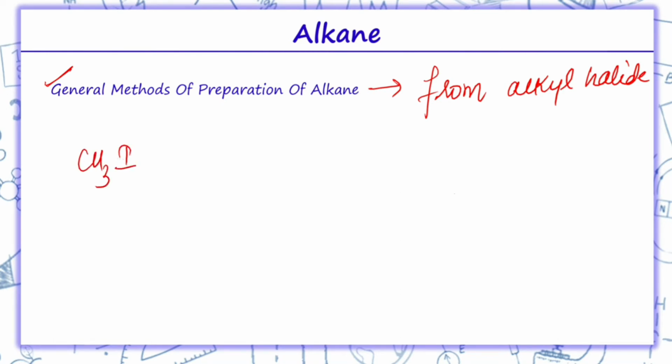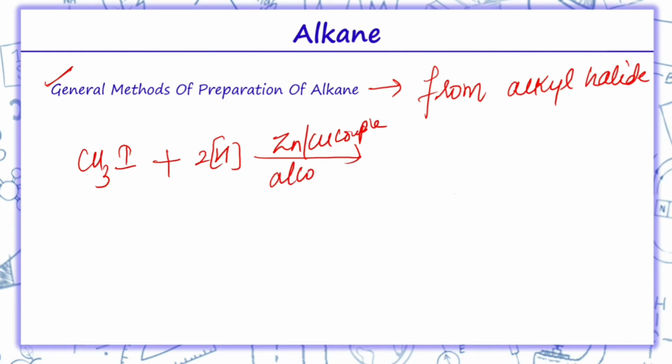This alkyl halide reacts with zinc or copper with nascent hydrogen, so it involves reduction. It is treated with zinc-copper couple in presence of alcohol. Thus one H and I will be removed and we will get CH4 plus HI.